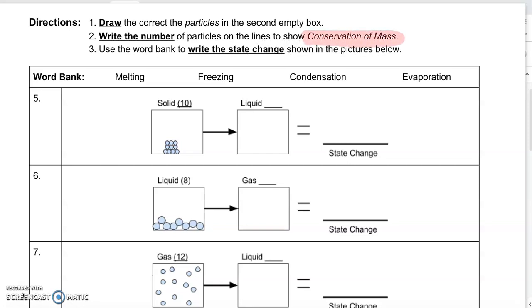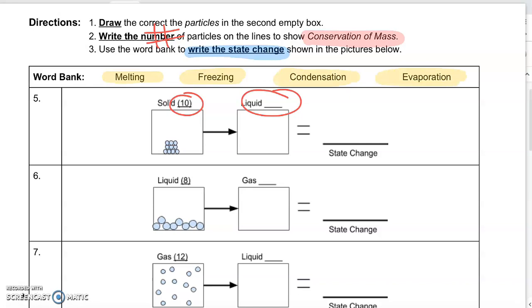So you're going to write the number of particles in these areas. Then, finally, you are going to use the word bank to write the state change that shows in the picture. Here are the state changes: melting, freezing, condensation, evaporation.